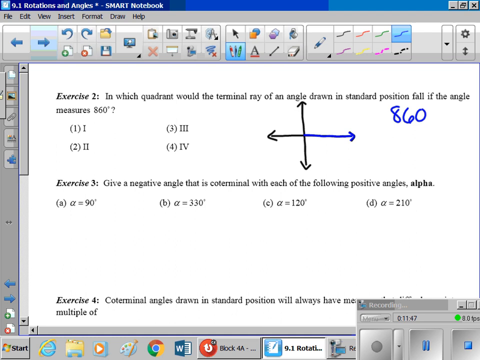So what I'm going to say is that if we go all the way around, if we subtract 360, that doesn't change where we're going to wind up. So this is the same as 500. Okay, well, that's also more than 360, so we're going to do that again. We're going to subtract 360. We're going to get 140.